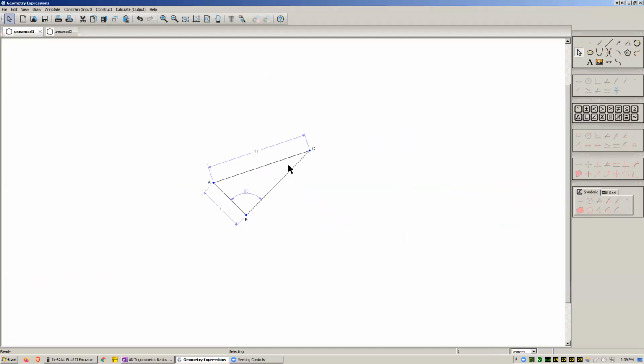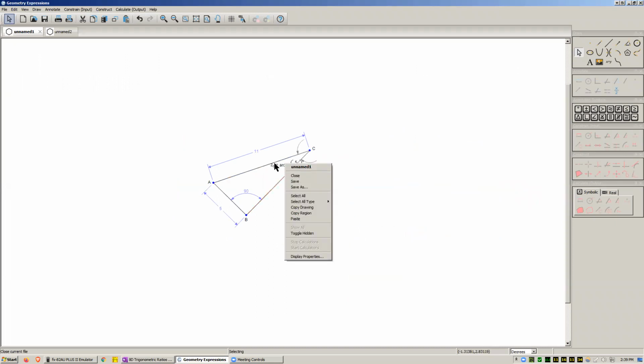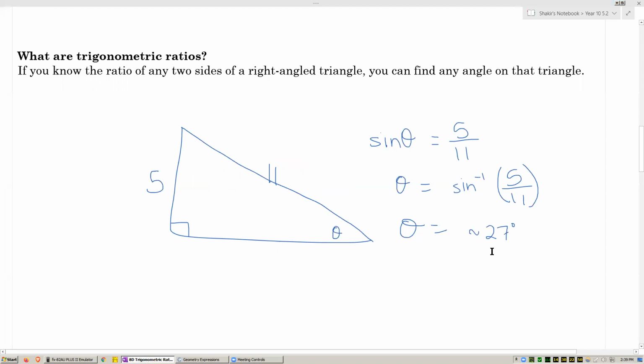So we are going to say, measure this, calculate the angle, and I want it in real numbers, and 27 degrees. So the program agrees with what I calculated. The program calculated it, and that's how you find the angle, 27 degrees. And I also got 27 degrees.